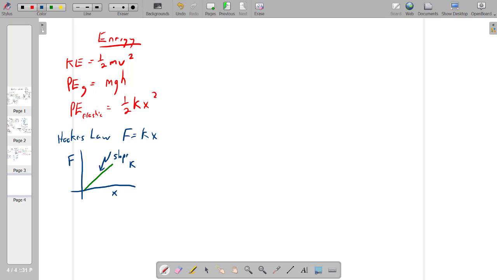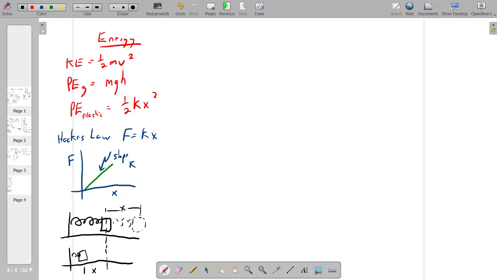And x, if we have a spring, let's say this is the equilibrium position, and then this thing gets stretched out farther. Your x is the distance stretched, or it could be the distance compressed. So it could be like this too, where it's the amount compressed.